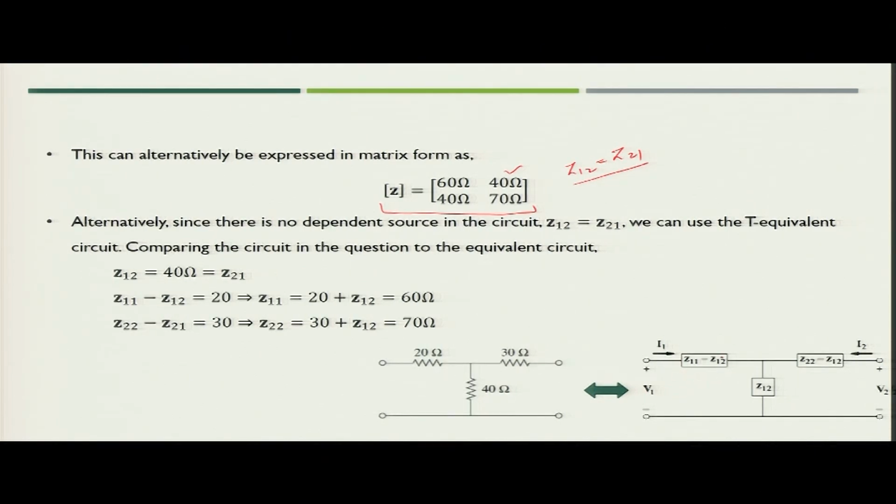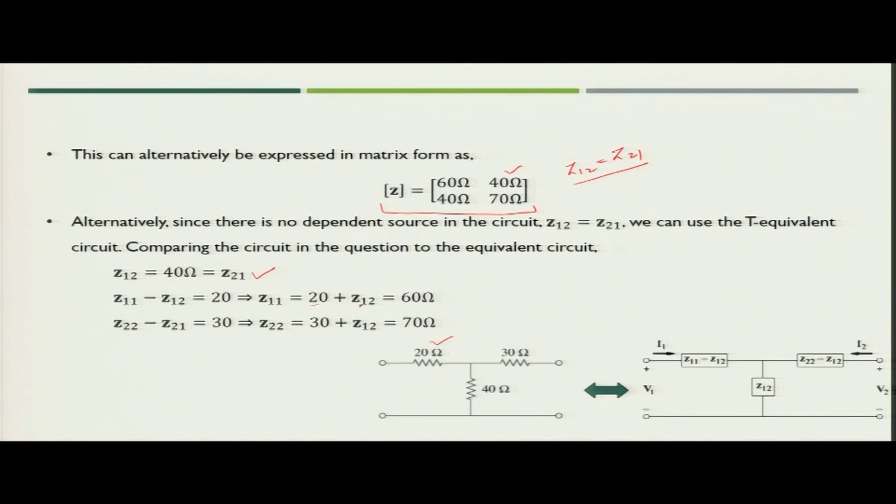How? Now, if you compare these two circuits, you can say that Z11 minus Z12 is simply equal to 20 ohm and Z12 is 40 ohms. So, simply you will get Z12 is equal to Z21 equal to 40 ohm, and then since Z11 minus Z12 is equal to 20 ohm, you can simply find out the value of Z11 is nothing but 20 plus Z12.